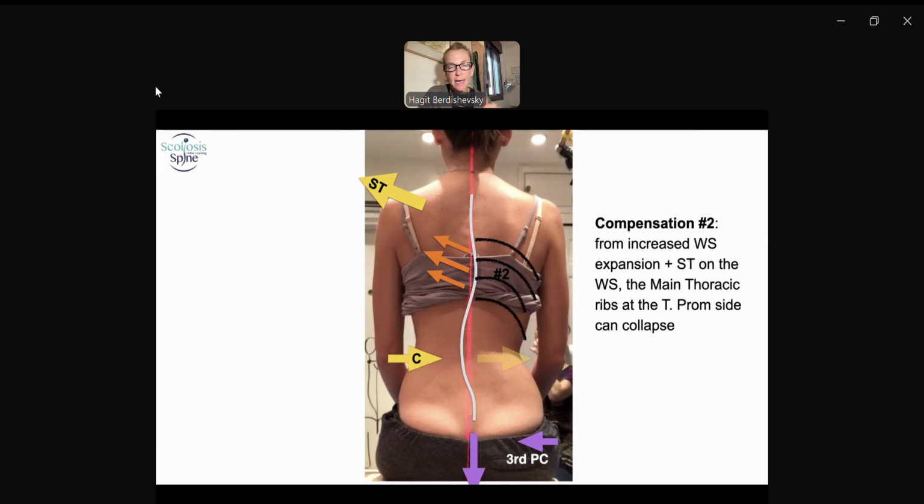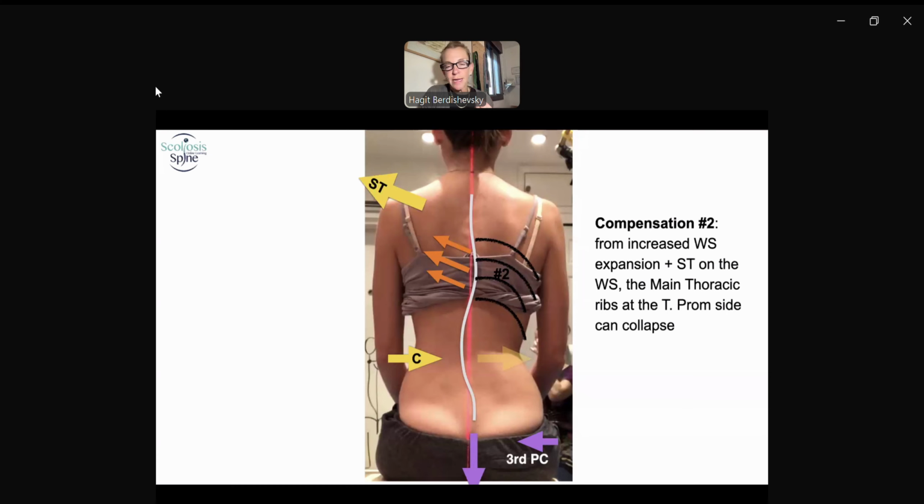Here, the second compensation could be now exactly as we saw on the 3C and the 3-4C. Now we are climbing up and we're looking at the thoracic region.